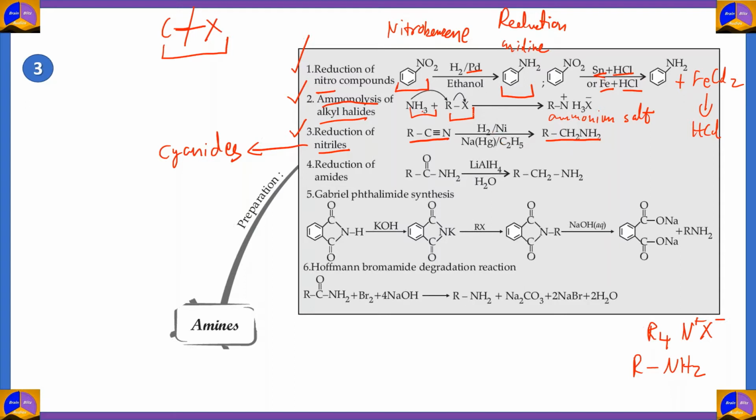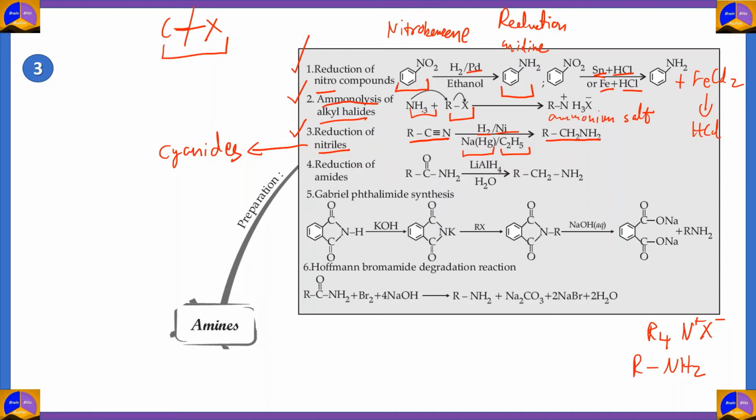And so this process is also known as catalytic hydrogenation. We have a catalyst and we use hydrogen and we hydrogenate it. And we also have other compounds such as Na-Hg, that is sodium amalgam, and C2H5OH, which is ethanol. So this is present in an ethanol mixture.